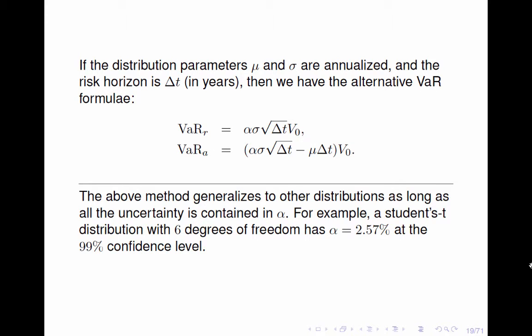The above method generalizes to other distributions as long as all the uncertainty is contained in alpha. For example, a student's t distribution with 6 degrees of freedom has alpha equal to 2.57% at the 99% confidence level.